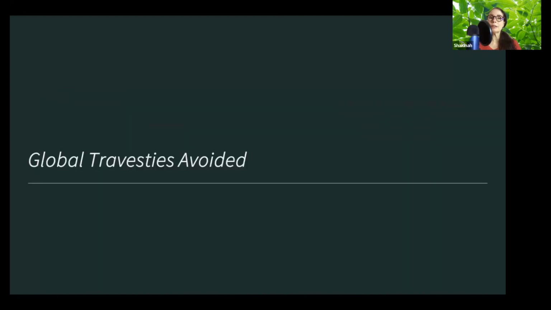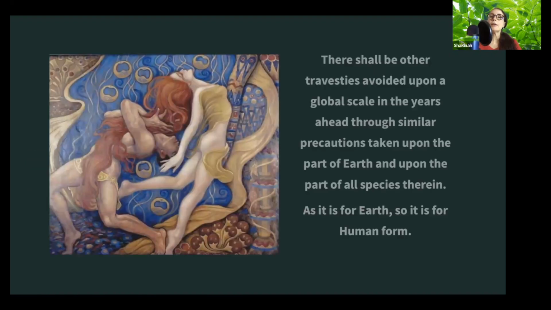Global travesties avoided. There shall be other travesties avoided upon a global scale in the years ahead through similar precautions taken upon the part of Earth and upon the part of all species therein. As it is for Earth, so it is for the human form.